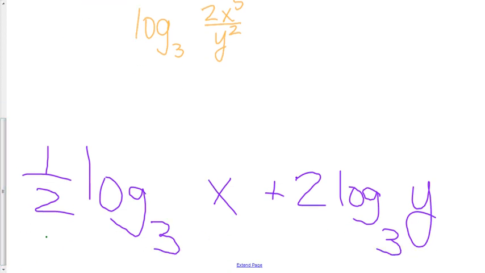Now if you had something like this, 1/2 log base 3 of x plus 2 log base 3 of y, that would be log base 3 of the square root of x, and then y squared.